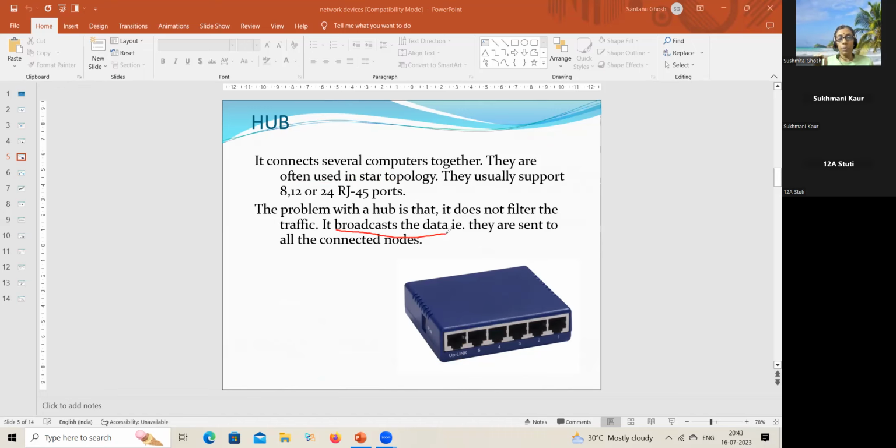It is a very, very important question from the exam point of view. You can be asked why a switch is preferred over hub. That is one common question. Then they ask what is the problem with hub. Then in MCQs, they can ask which connecting device broadcasts the data on the network. So they will be using this knowledge of yours to check whether you are able to identify the device or not.